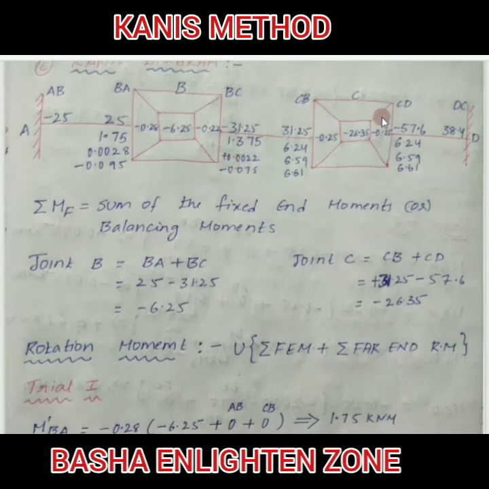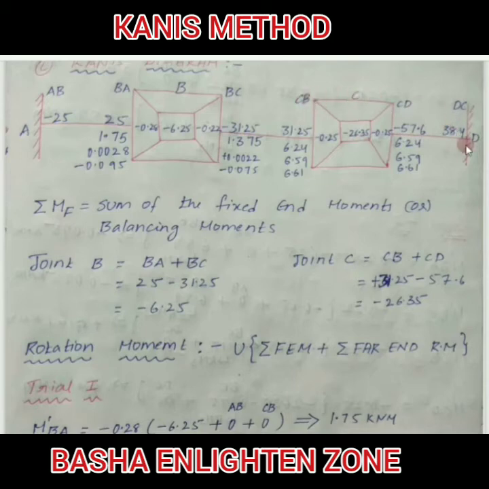Then move to the trial for joint C, in trial 2 only. So in joint C, I am finding member CB. See here, the formula will be U equal to minus 0.25 times the sum of the fixed moment, which is minus 26.35, plus the sum of the foreign rotation moments.